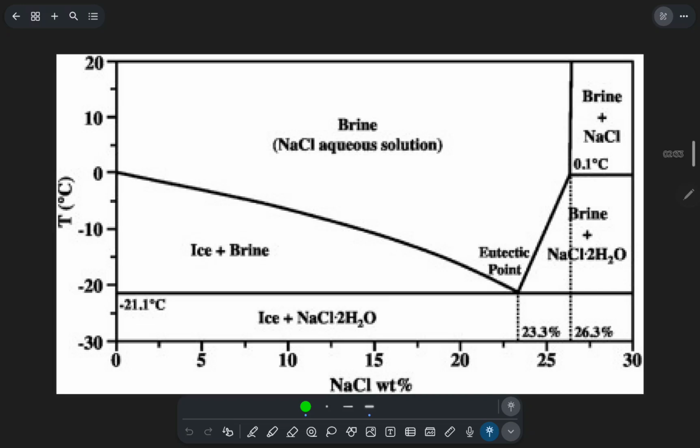It's not given in the problem, but I will say this. At this point, we assume, the royal we of chemistry academia, that you know that the density of water is 1 gram per milliliter.